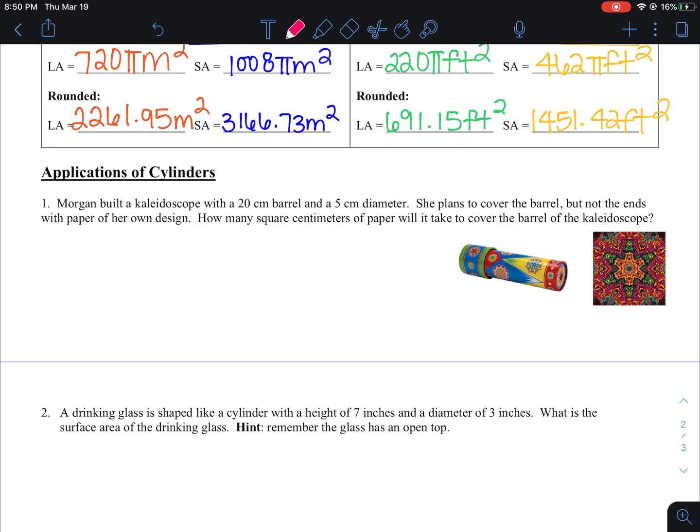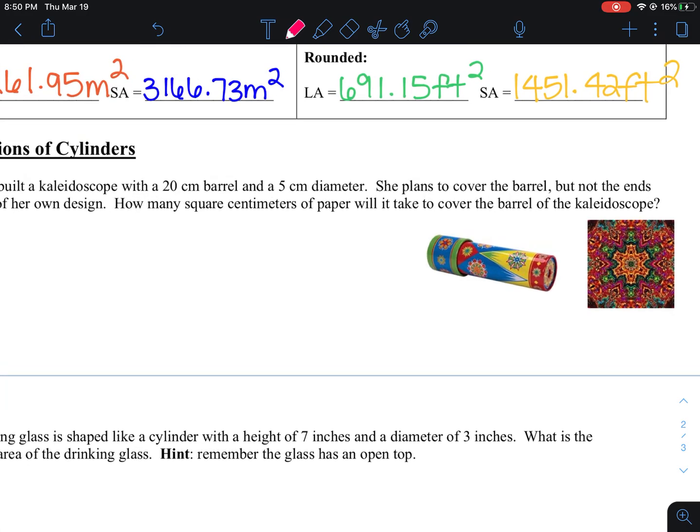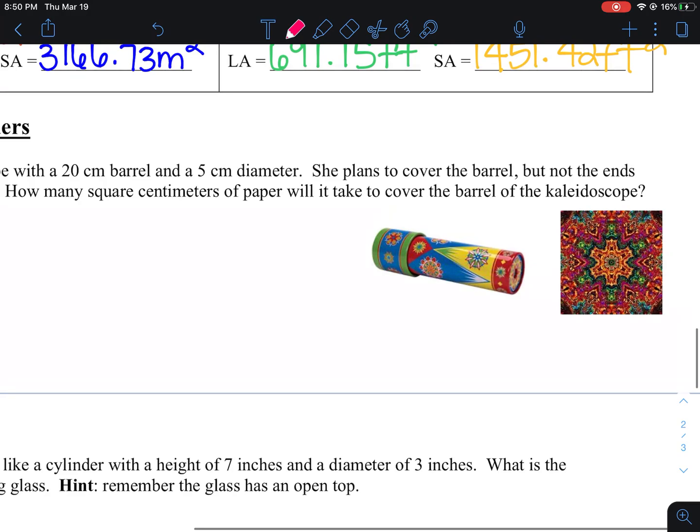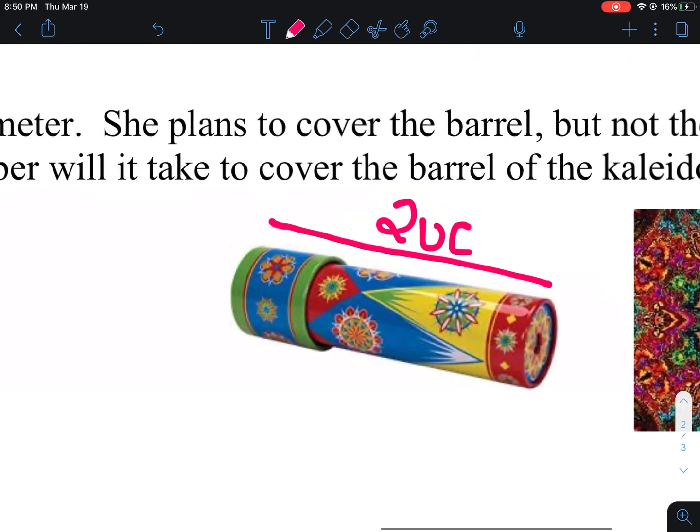Okay, so this first one says, Morgan built a kaleidoscope with a 20 centimeter barrel and a 5 centimeter diameter. So if you're picturing a kaleidoscope, hopefully you guys know what these are, because when I was a kid, these were awesome. But 20 centimeter barrel, so that would mean the height is 20 centimeters.